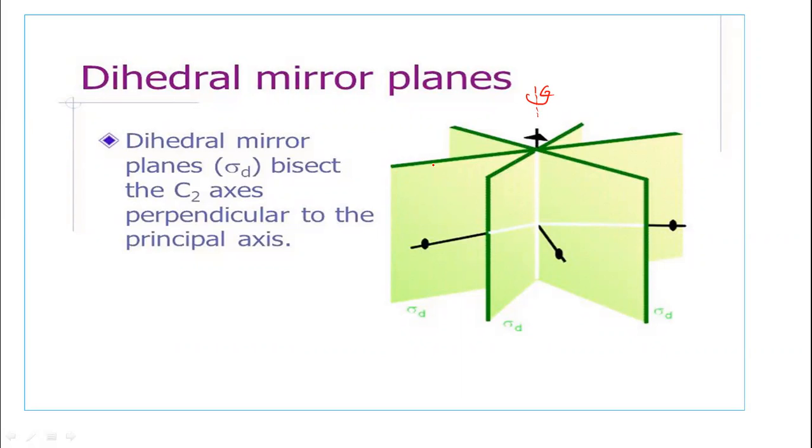This is one C2 axis, and this is another C2 axis, which are perpendicular to each other. In between them there is a dihedral plane. Suppose this is a dihedral plane. The plane bisects the angle between the two C2 axes. So that is a dihedral plane sigma d. This is about the dihedral plane. It is present in a limited number of molecules.